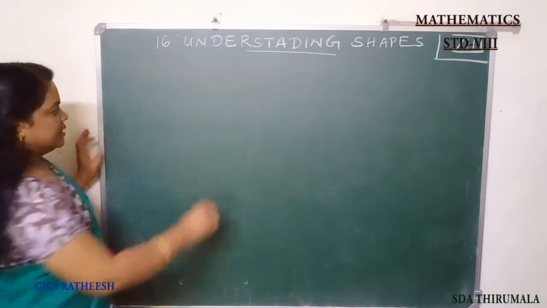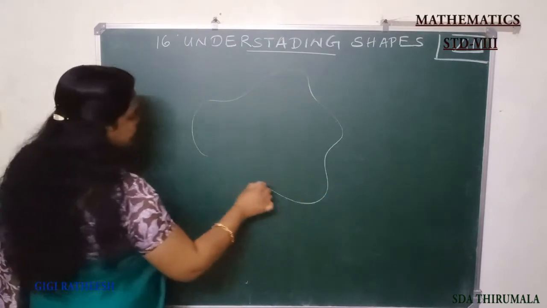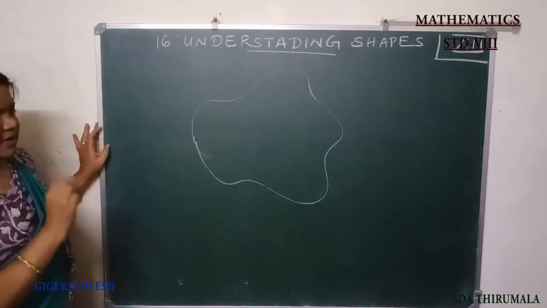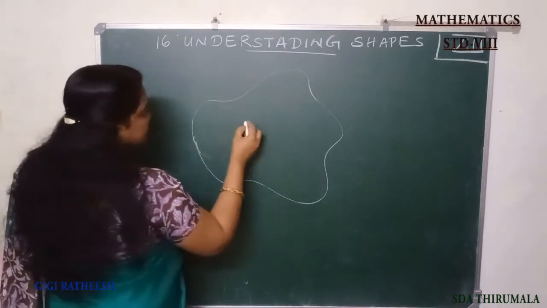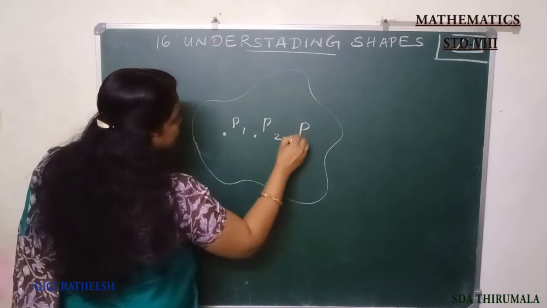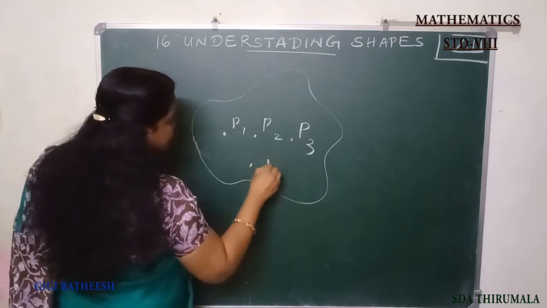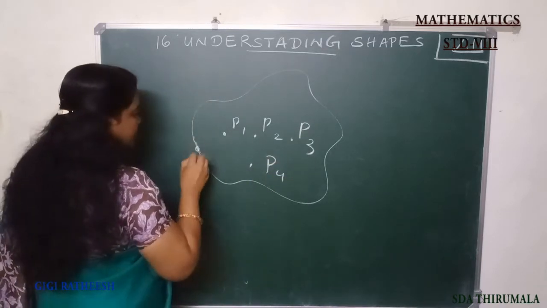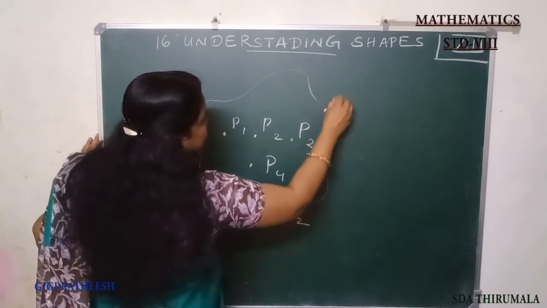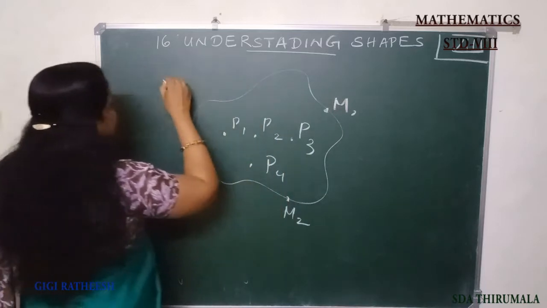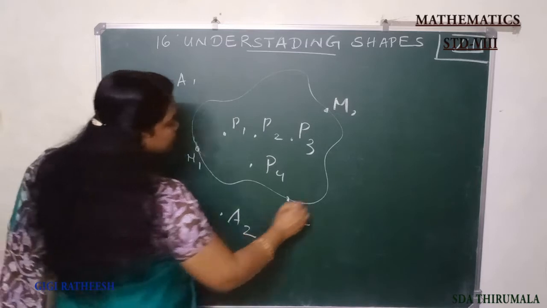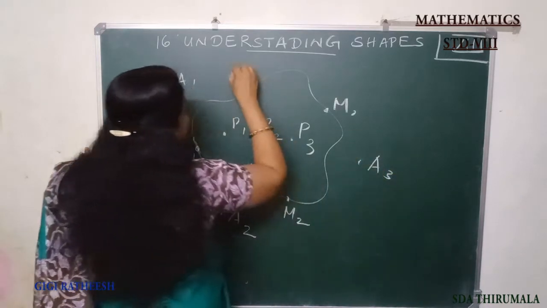Okay, this is a closed curve, and this closed curve divides the plane into three parts. Here we have M1, M2, M3, and A1, A2, A3, A4.